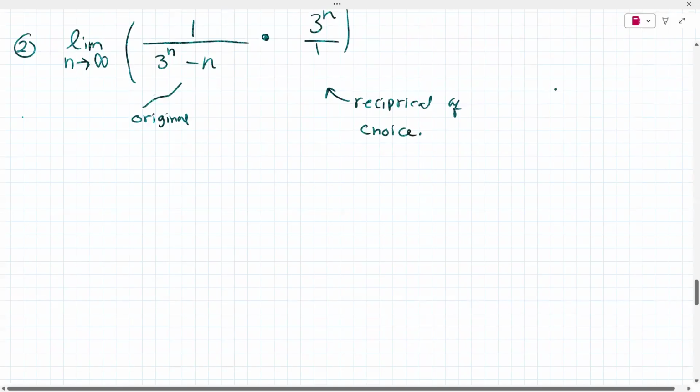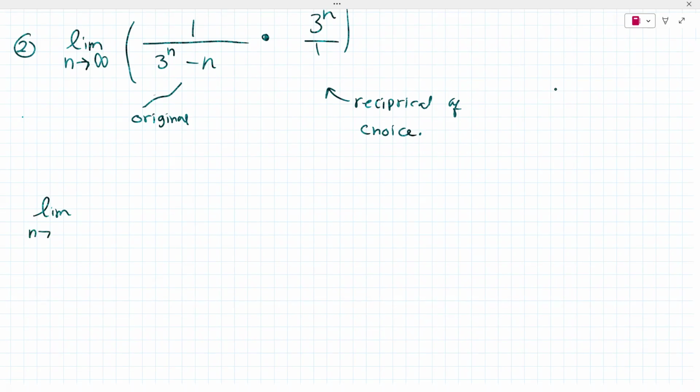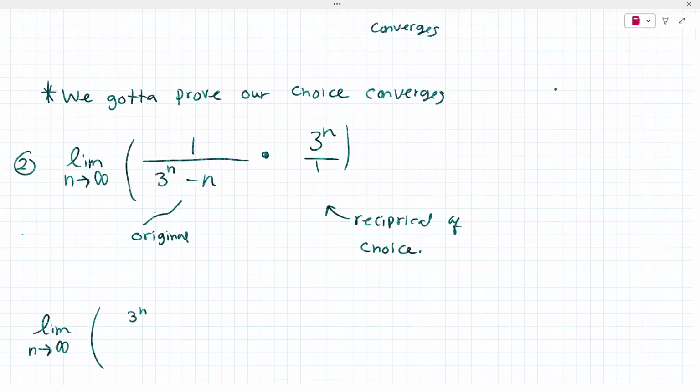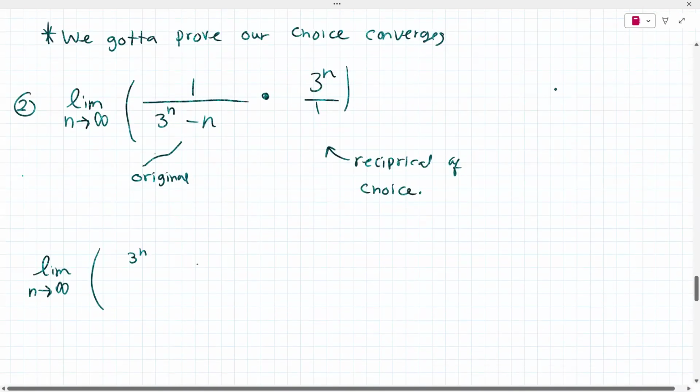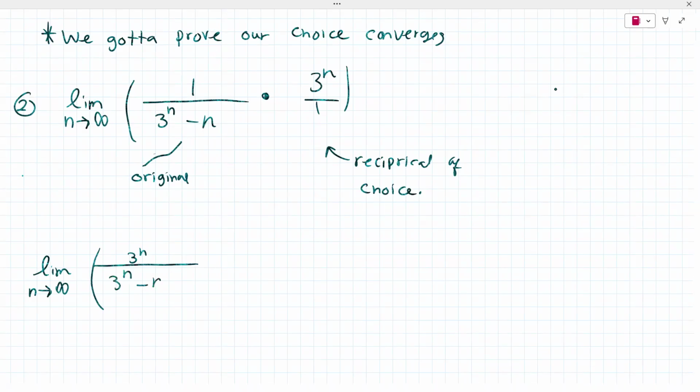So the limit as n approaches infinity of 1 over 3^n minus n times 3^n is 3^n over 3^n minus n. So when you plug in infinity, 3 raised to infinity is infinity.